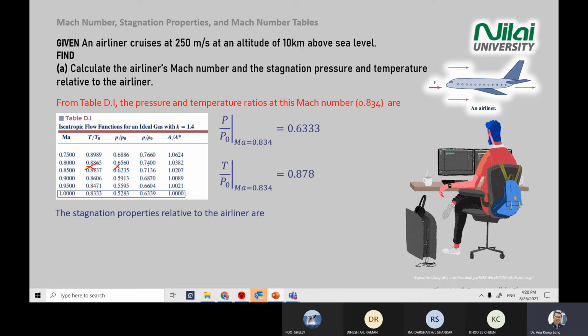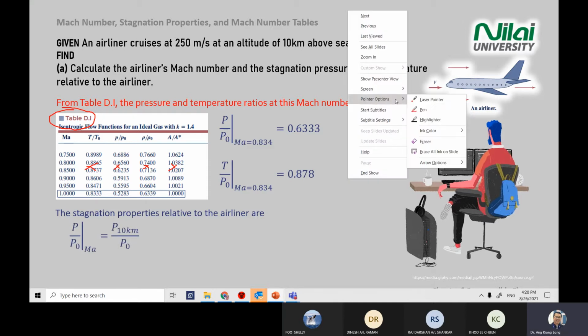In a later section, you will see density and also area. So Table D1 is important when you look at isentropic flow, or a compressibility scenario. Again, compressibility happens when your Mach number is more than 0.3.